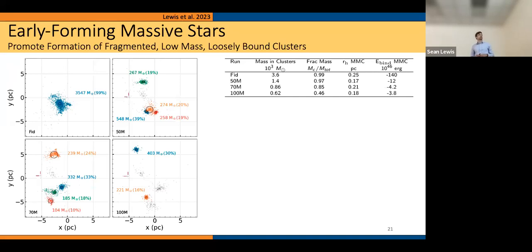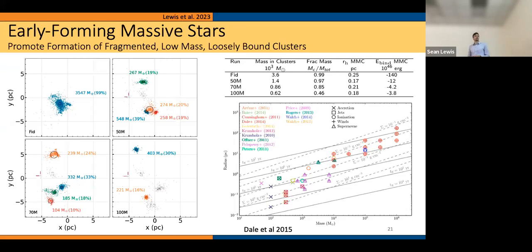In the fiducial run, we have a single massive cluster in which 99% of all the stars in the computational domain are within this one cluster. Whereas in the other runs, the early forming massive star has instead led to spatially separate, lower mass subclusters that are more loosely bound than the large cluster in the fiducial run.